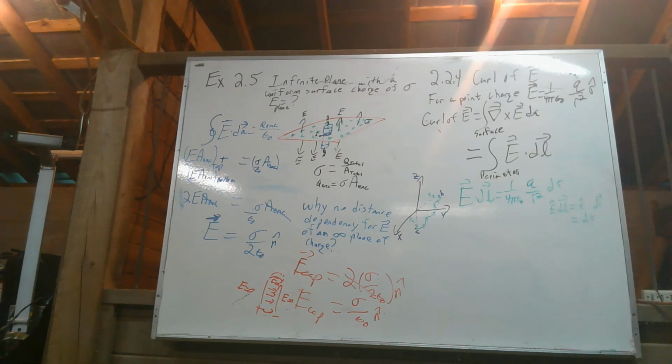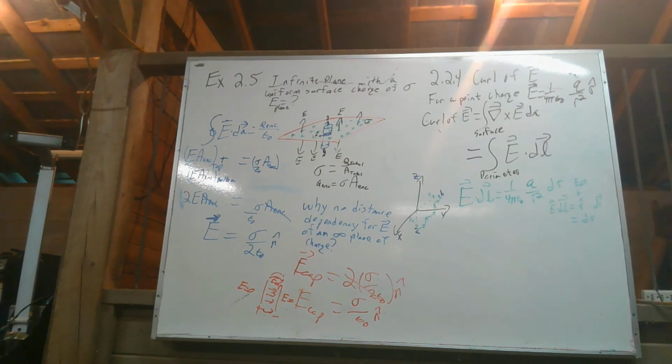I'm just saying the dot product, the vector nature, this is from the E direction, and this is the differential vector where we're doing it over our perimeter, and then it just gets dr there.